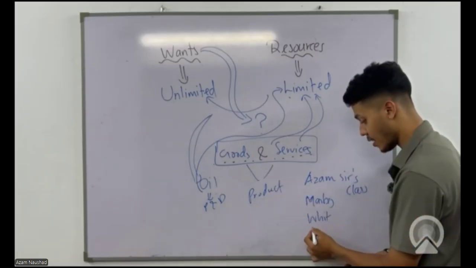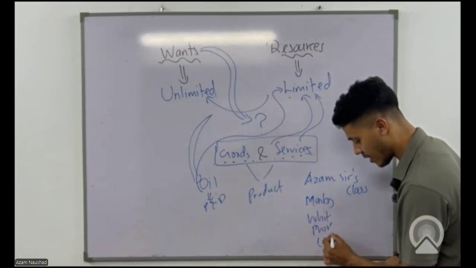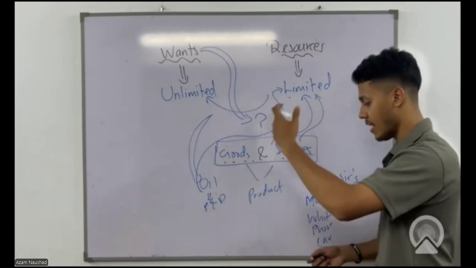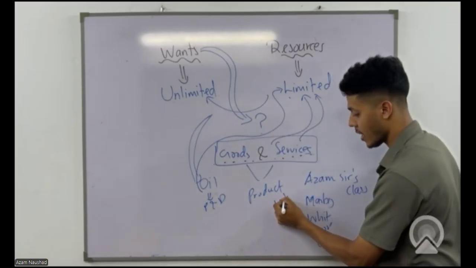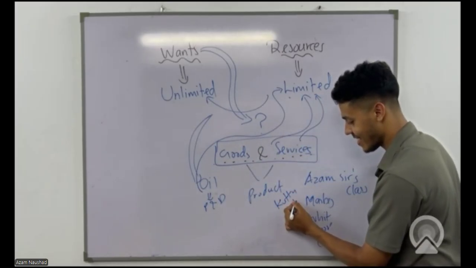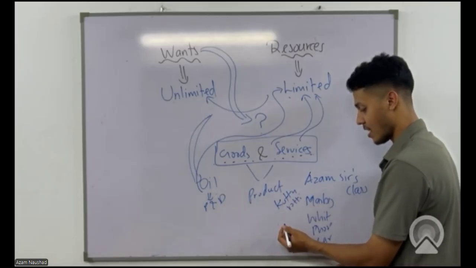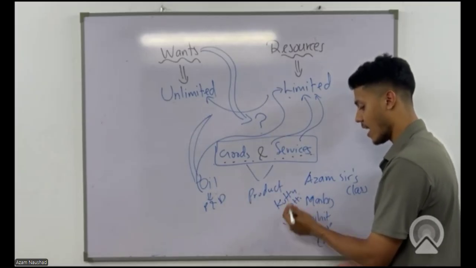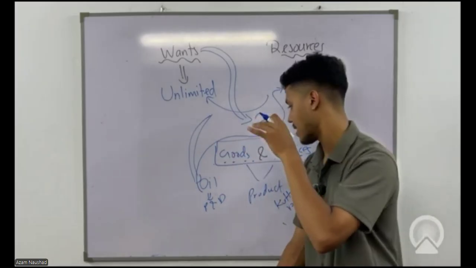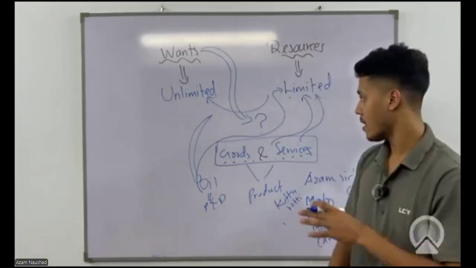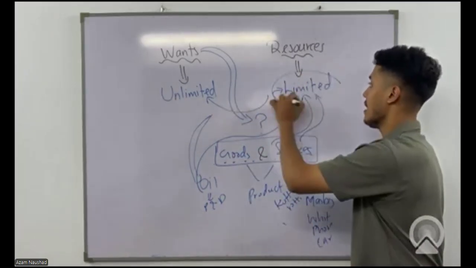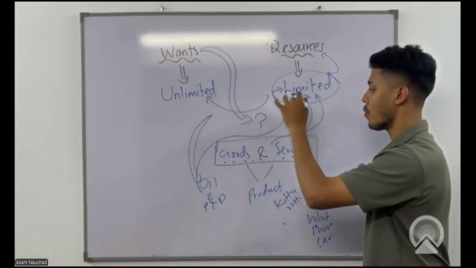You can take the phone, car. You name it, each and every product, even the kottu roti that you are eating, I'm very sorry to say, like biryani, each and every good and service is basically made up of limited resources for the time being.